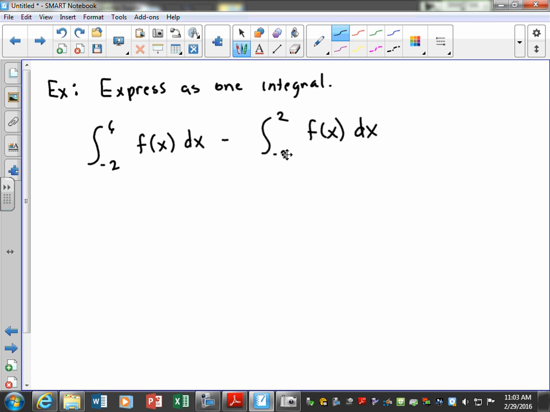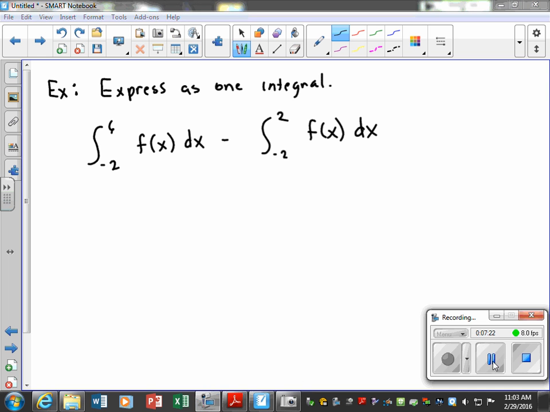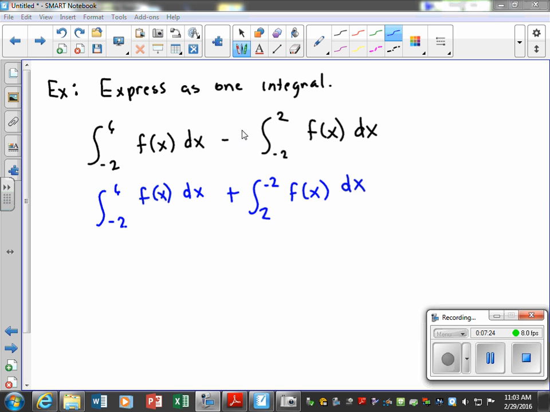How can I rewrite this? What if I flip some of these around? Right, so let's do that. Okay, when I pull a negative out here and then flip the lower limit and upper limit, I have this. Now I look and it's still not matching, but I see these two match, and it may help to just rewrite these.